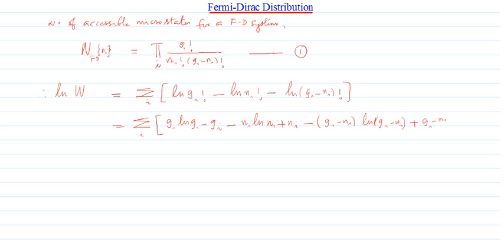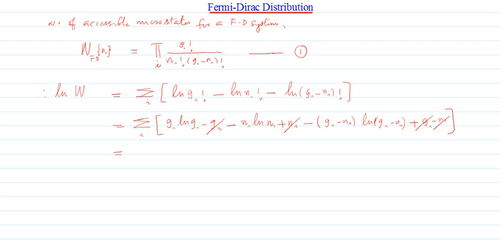So that is what we get finally. Now there are chances of cancellation. There is a plus ni here and a minus ni here, getting cancelled; plus gi here and minus gi here, getting cancelled away.